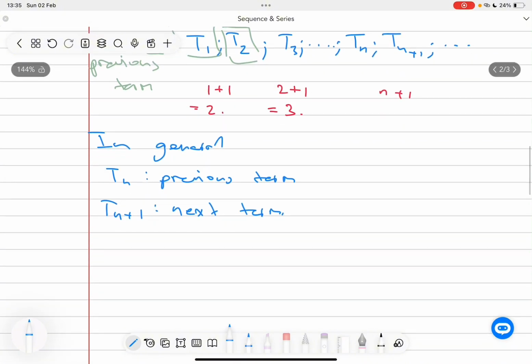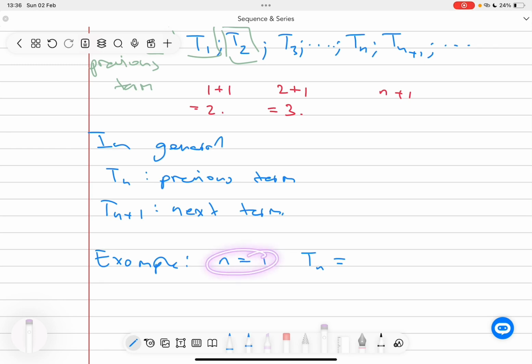So say, for example, we have n is equal to 1. This would mean that I take my Tn, the nth term, which in this case I'm viewing from the perspective that it is the previous term. I'm going to have Tn equal to, because now I'm saying n is equal to 1, I'm going to substitute the 1 there.